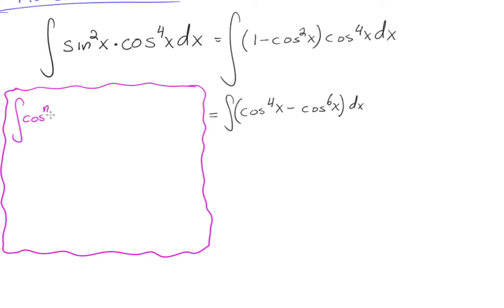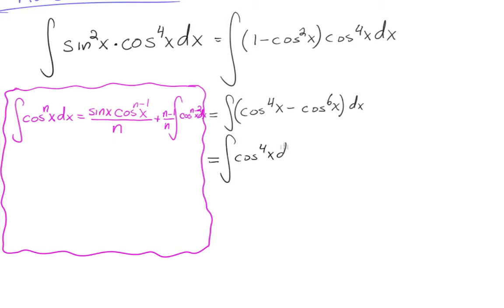So the integral of cosine to the n x dx is equal to, so, okay, I'm going to do something first. I'm going to rewrite this as the integral of cosine to the fourth x dx minus the integral of cosine to the sixth x dx. Okay.